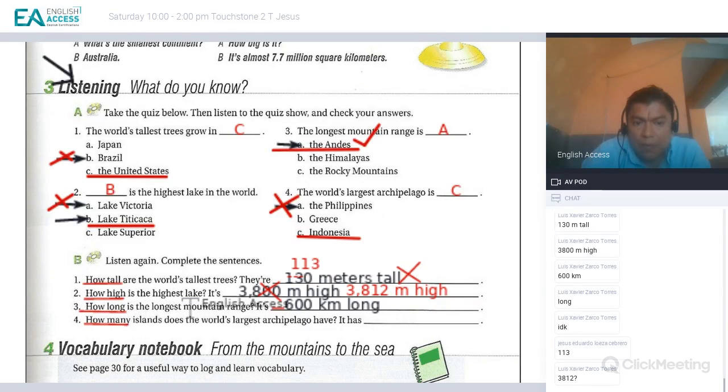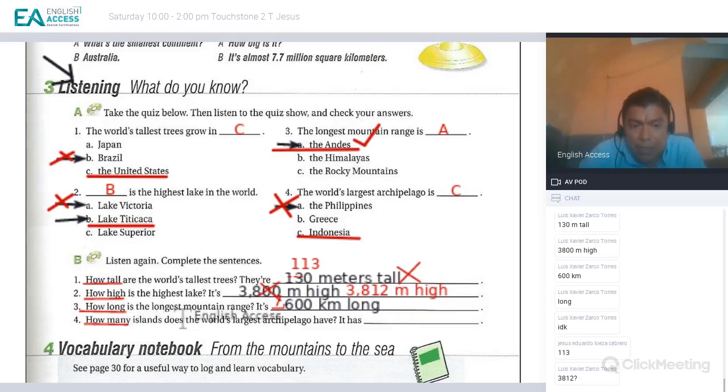How long is the longest mountain range? You're missing a number. 7,600 kilometers long.